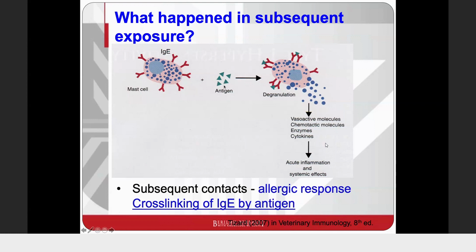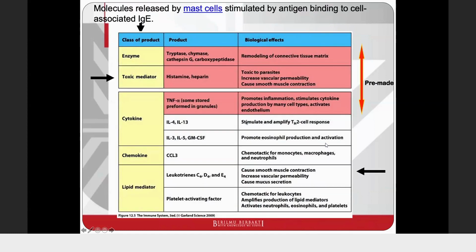And then during the subsequent exposure, the antigen, which in my case is pollen antigen, will cross-link the IgE and cause the degranulation of mast cells, producing these molecules. These are all the molecules. Some of them are pre-made, meaning they are already in the granules. Once degranulation occurs, these will be released immediately and cause all these effects.